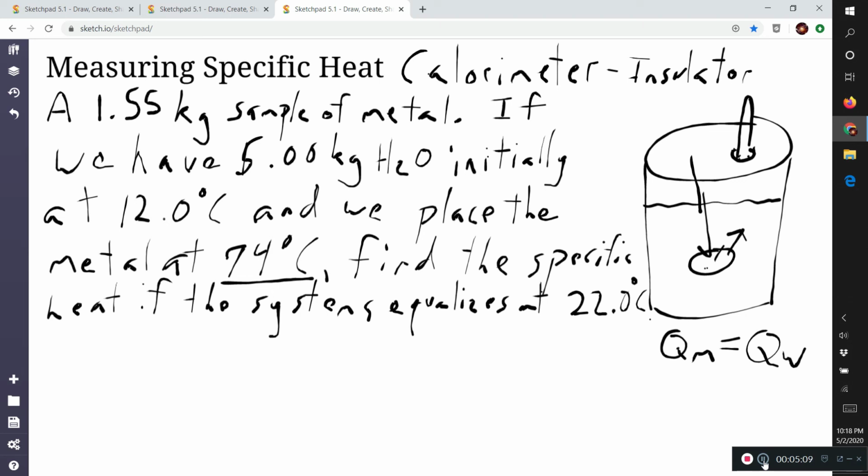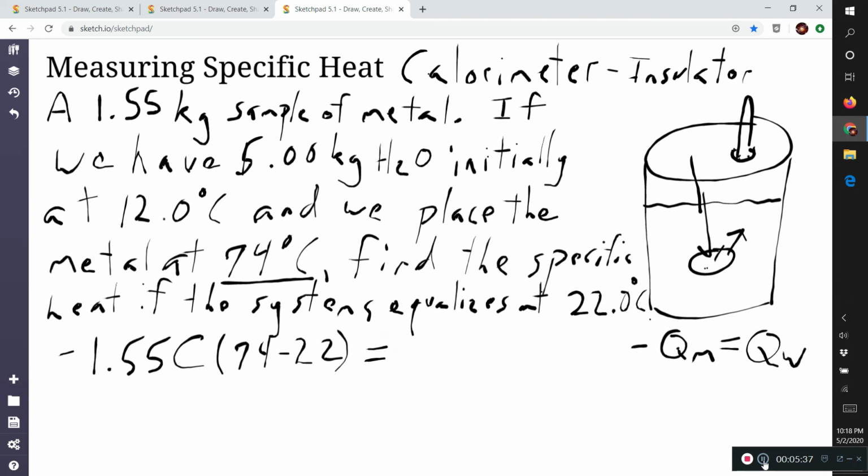So we're going to have two equations here. The first one is the heat of the metal. Well, we have a 1.55 kilogram sample that we don't know the specific heat of, and it is going to go from 74 degrees down to 22 degrees. Now I should say that one of these is going to come out negative and one positive, because the metal's loss is going to be the water's gain.